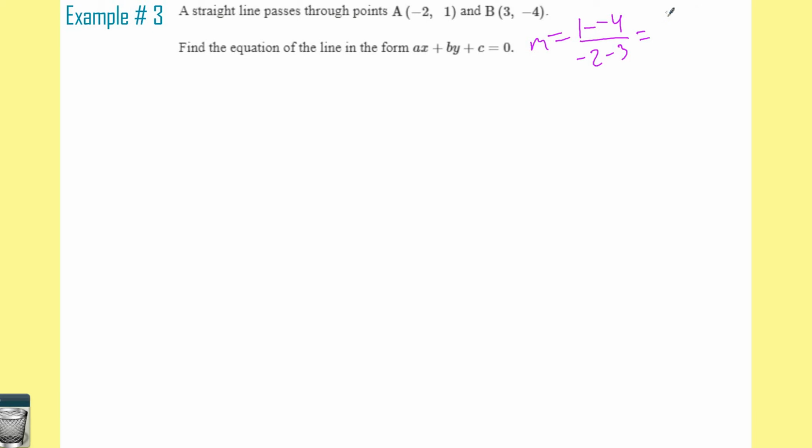So we get 5 over negative 5, so negative 1. I'm going to use one of these points in my point slope form and work it out. It's a positive there, but then times a negative.